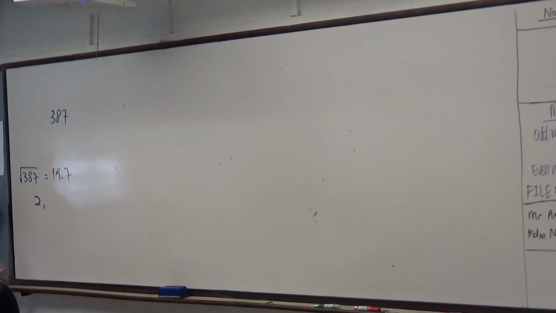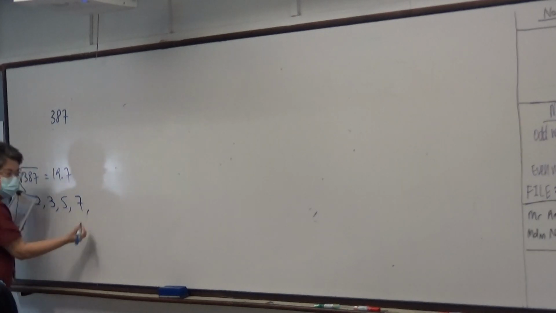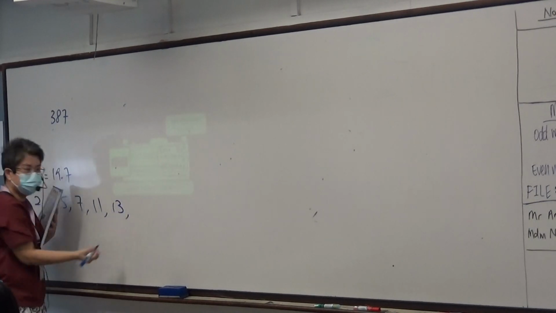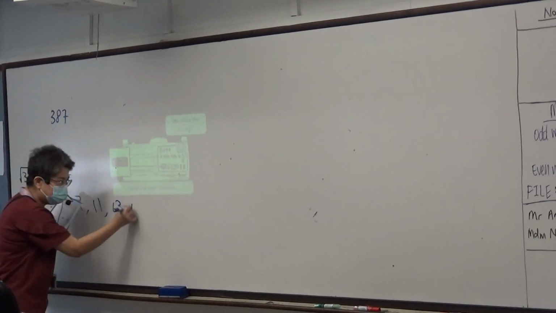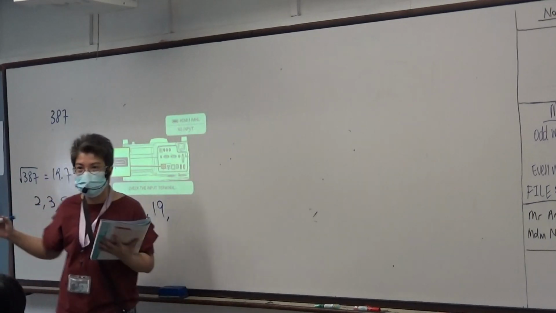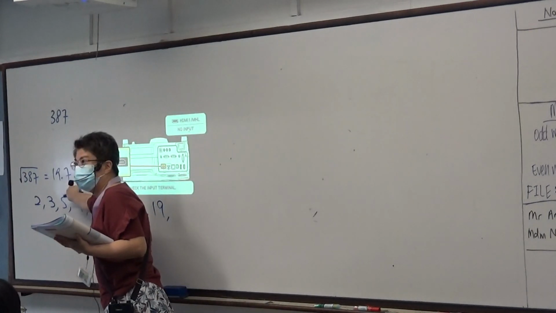We start with 2, right? Remember the smallest prime is 2. That is what? 3, 5, then 7, 11, then 13, then 17, then 19. How come you don't consider 23? Because it's already bigger than this.